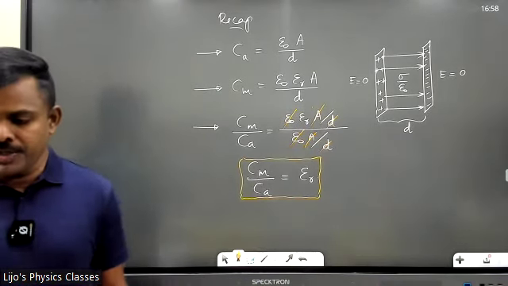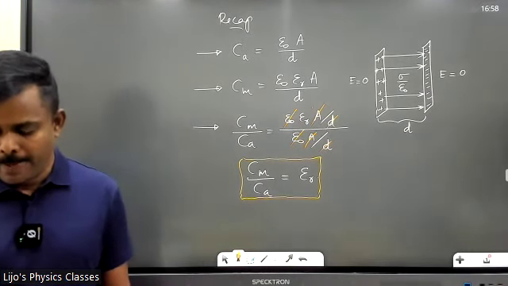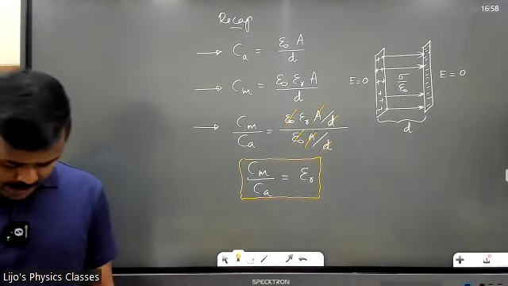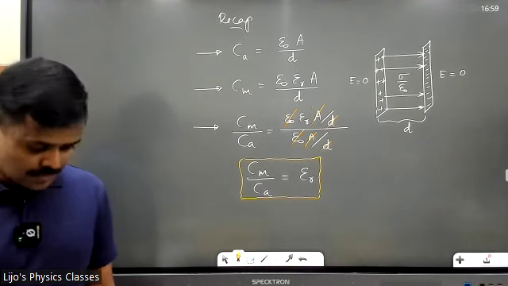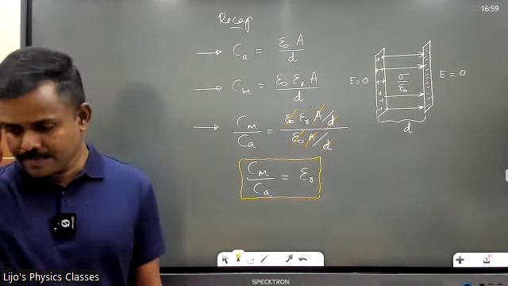This is how the definition of epsilon r is done. This is what we learned in the last class.